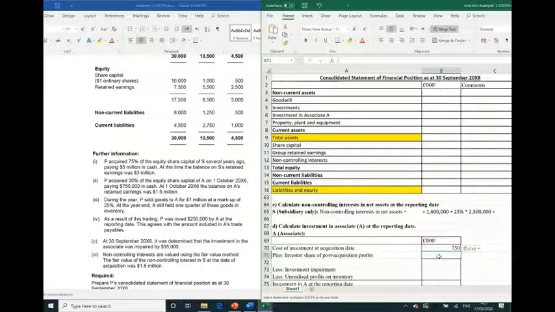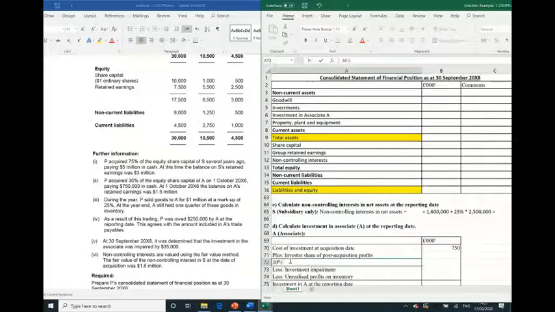And then we add to this figure the investor share of post-acquisition profit. So remember that the investor share in the associate is 30%, and the post-acquisition profit in the second working is 1 million. Okay, so this will be 300,000.